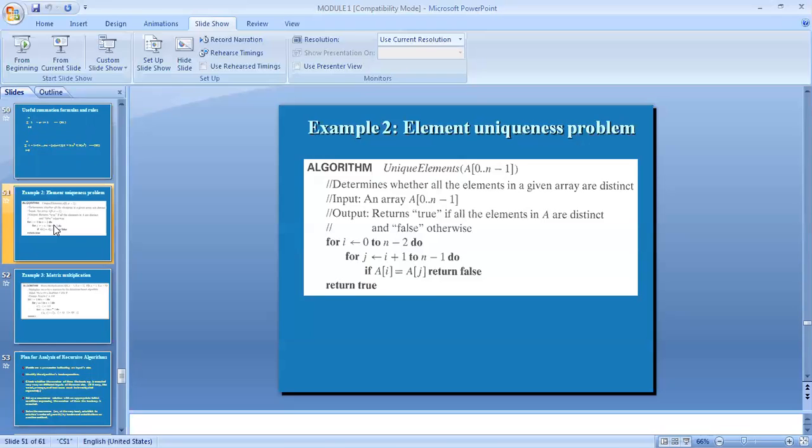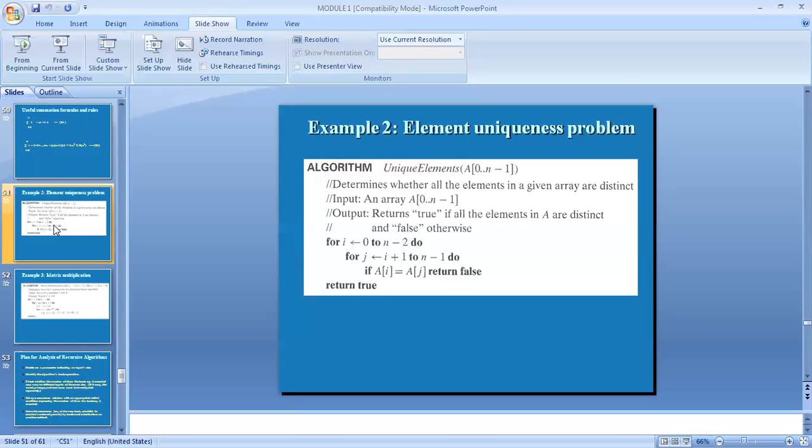We will limit our investigations to the worst case only. By definition, the worst case input is an array for which the number of element comparisons is the largest among all arrays of size n.